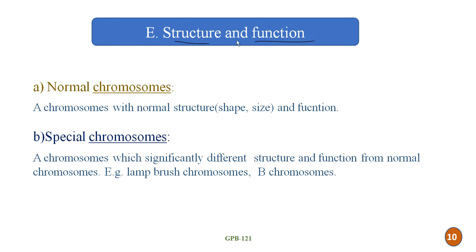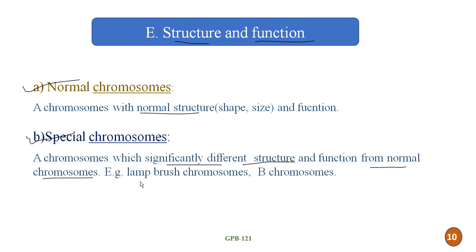Then the next criteria is structure and function. According to the structure and function, there are two types of chromosomes: normal and special. Normal chromosomes are those with normal structure, that is normal shape, size and function, required for the normal growth and development of the human being or any organism. Special chromosomes are those which differ significantly in structure and function from the normal chromosomes.